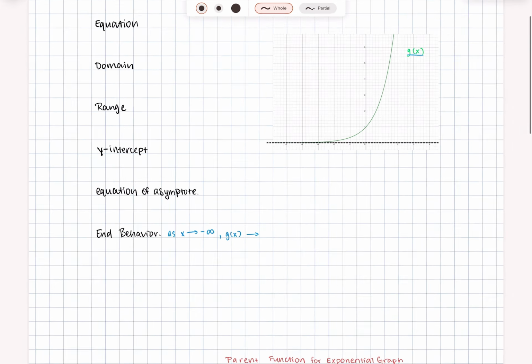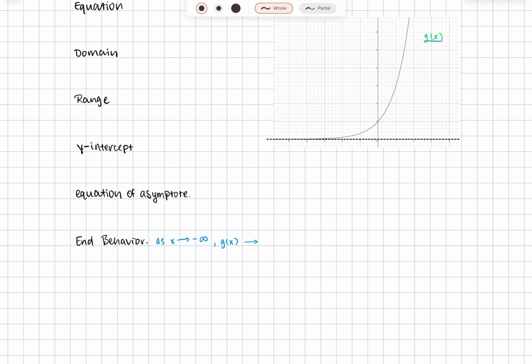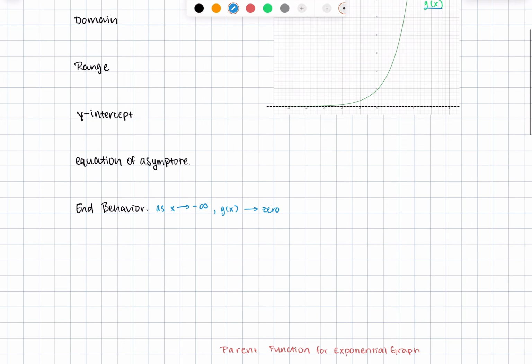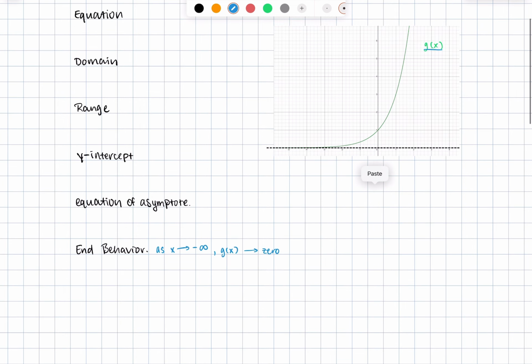So since they're getting smaller and smaller to 0, the y values are approaching 0.